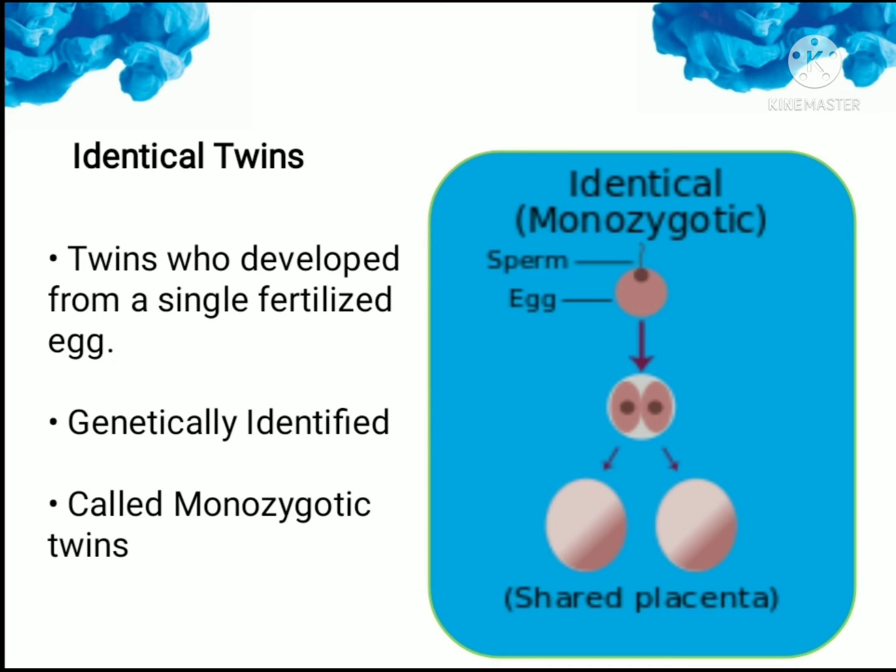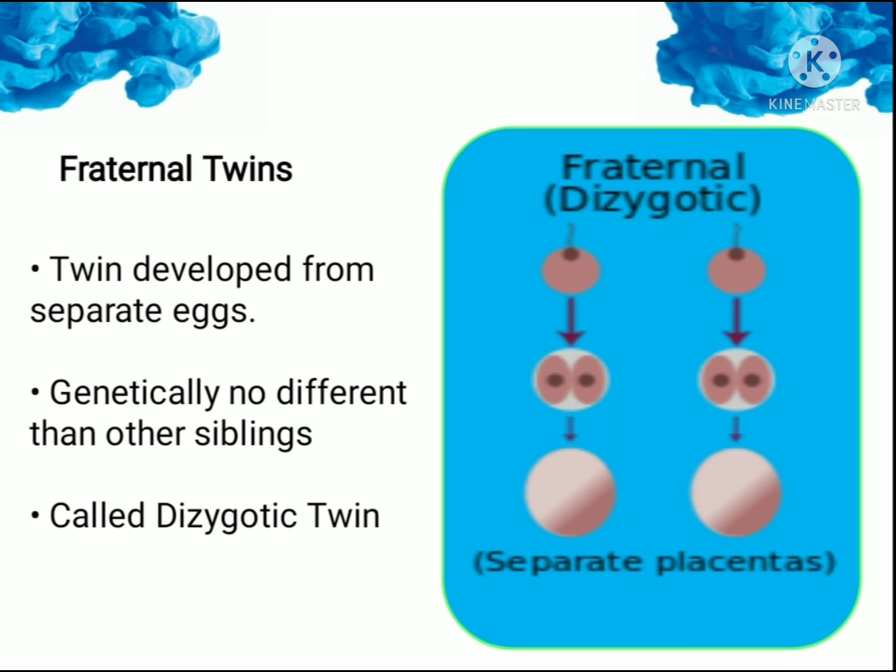They share a placenta. Fraternal twins are twins developed from separate eggs. They are genetically no different than other siblings. Fraternal twins are also called dizygotic twins. They have separate placentas.